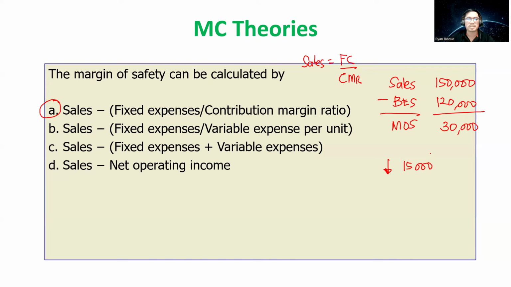So that's why it is called margin of safety, because your sales can go down this much without experiencing any loss. So if your sales went down by 25,000, still you are within the margin. So therefore, you will still have a profit. But if your sales will go down by 42,000, for example, this time, this is more than the margin of safety, meaning even if you don't compute, you will be having a loss. All right? So that's margin of safety. So the answer is letter A.